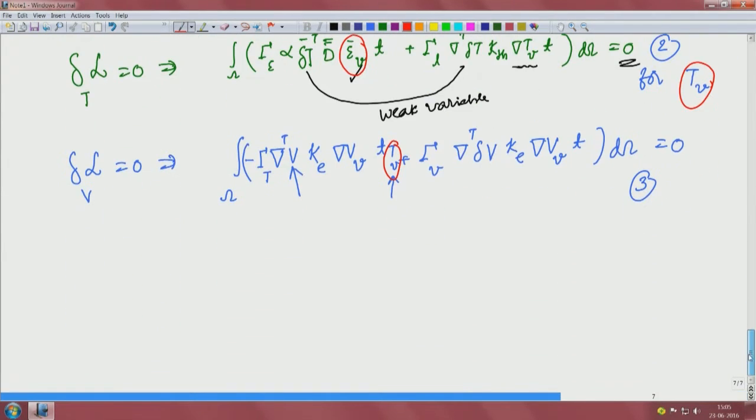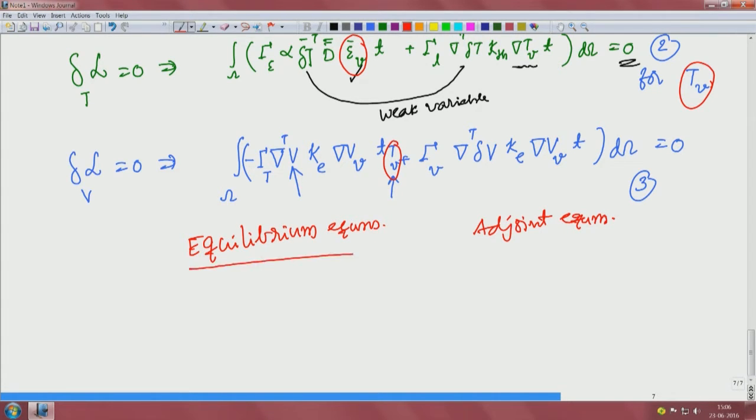Now, if you see, the equilibrium equation was electrical, thermal and elastic. Adjoint analysis is reverse, okay. So, let me just write the sequence of solving the problem, equilibrium equations, and then let us say adjoint equations, the sequence, okay, that is what we want to do.